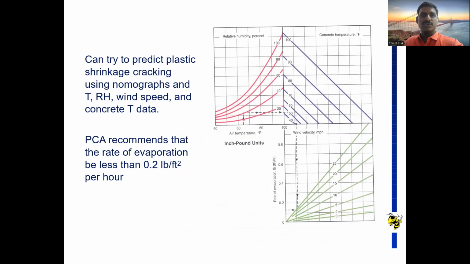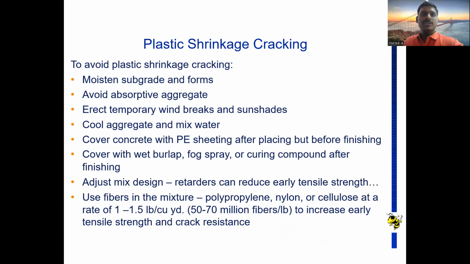So this is shown graphically. Then the plastic shrinkage cracking: as we discussed the plastic shrinkage, how and why does plastic shrinkage cracking happen? To avoid the plastic shrinkage cracking, what do we have to do?